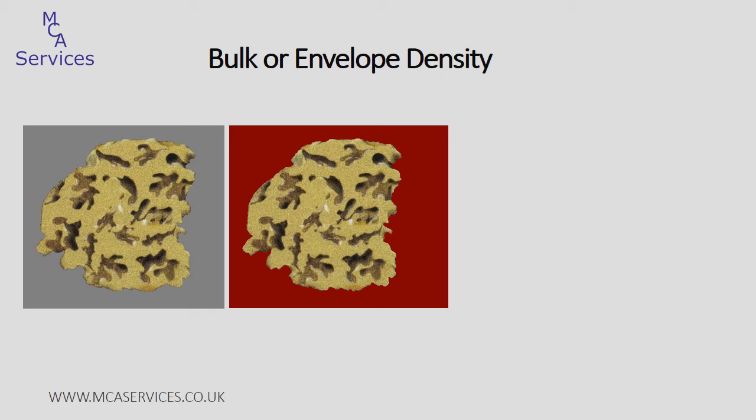This is quite commonly termed the bulk volume or the envelope volume, and using this to calculate density results in the bulk density or the envelope density of the sample. So bulk density or envelope density includes the volume of all pores, both open and closed, within the sample.